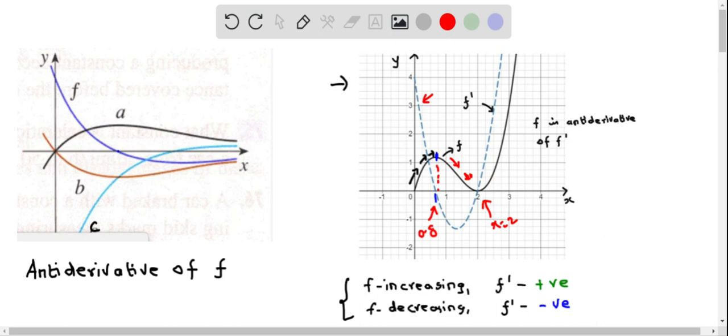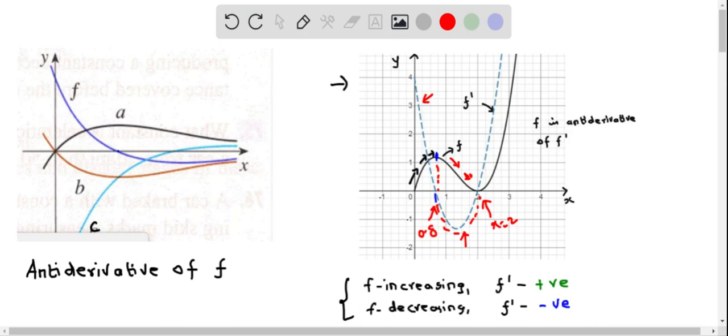At the same interval, if you look at the graph of f prime, we can see that it is negative. It goes like this and reaches the maximum negative, and it comes back and is still negative, from approximately 0.8 till this point at 2.